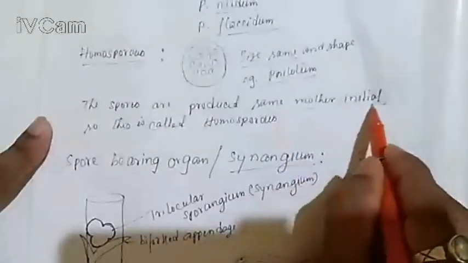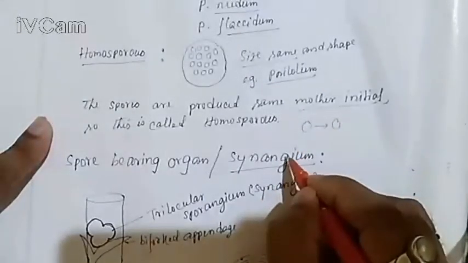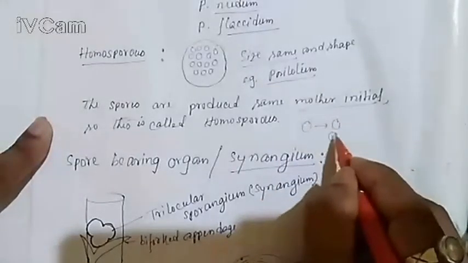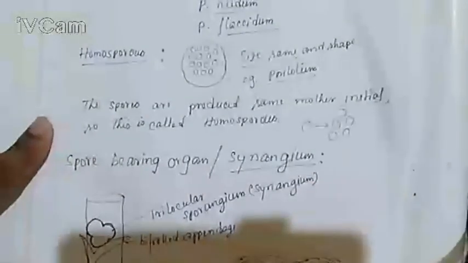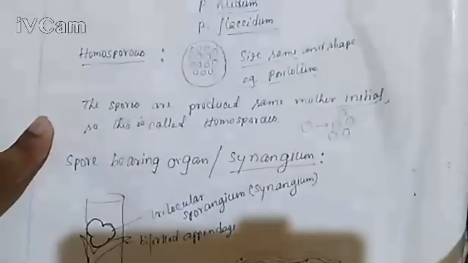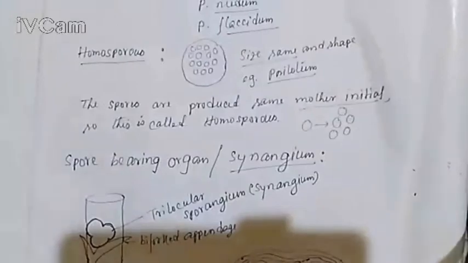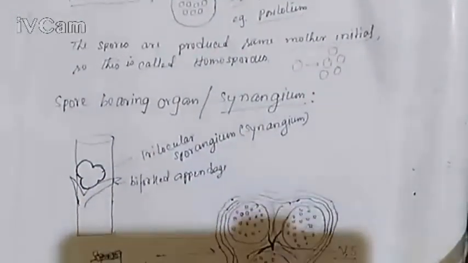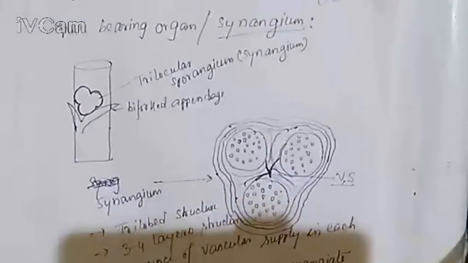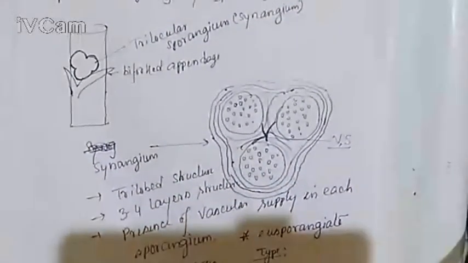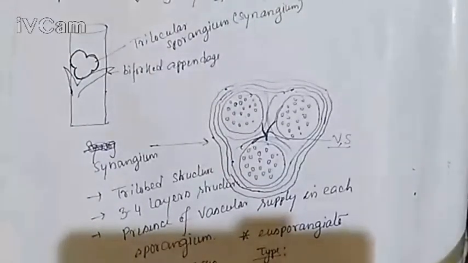Same initial mother means a mother which produces the spores, so all the spores are the same size. Since the spores are produced from the same initial mother, this is called eusporangiate type. The most important definition, it may come for 2 marks. The eusporangiate type means same mother.